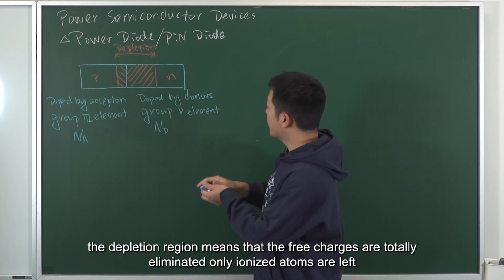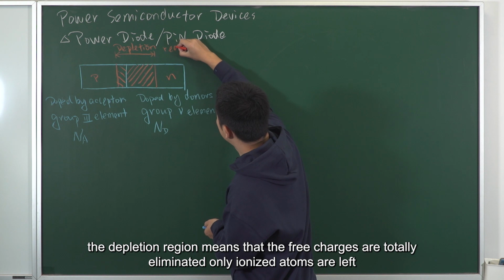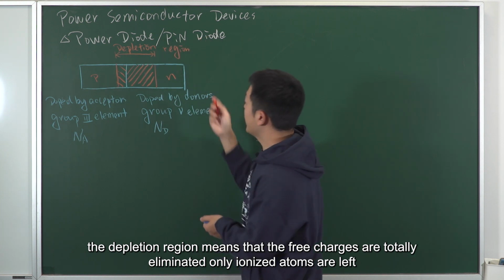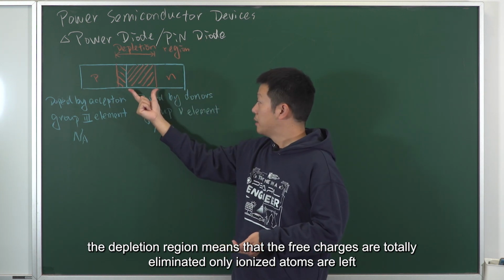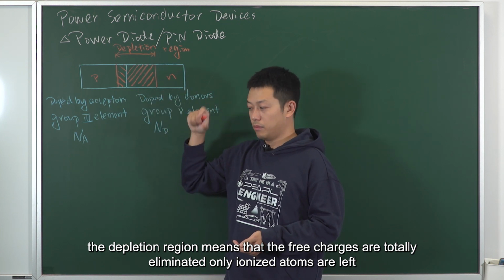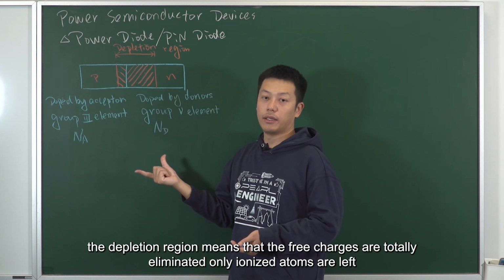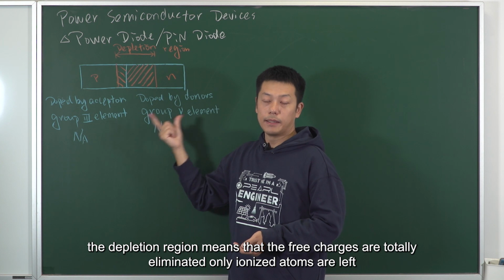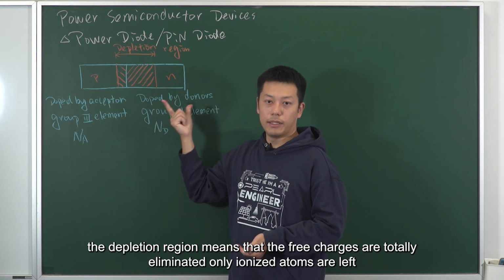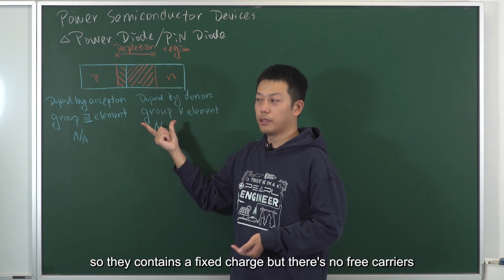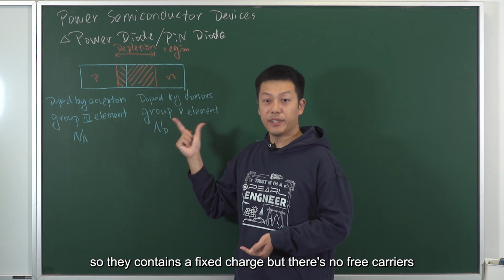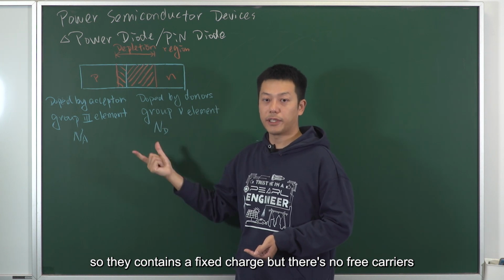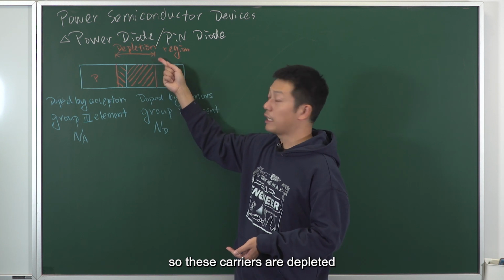The depletion region means that the free charges are totally eliminated. Only ionized atoms are left. So they contain fixed charge, but there are no free carriers, so its carriers are depleted.